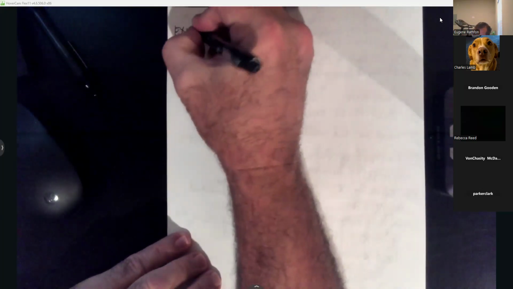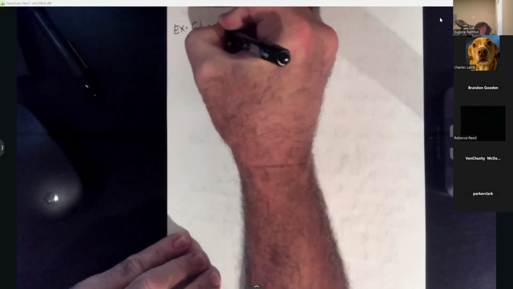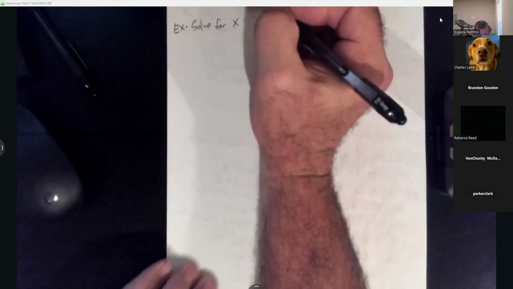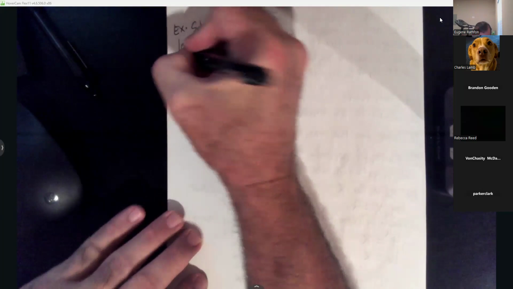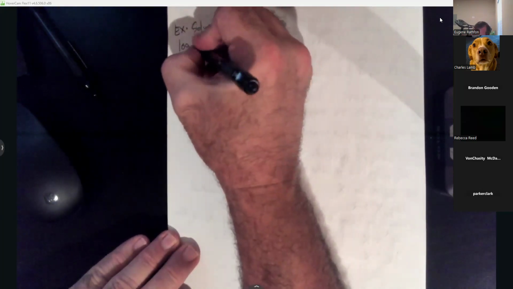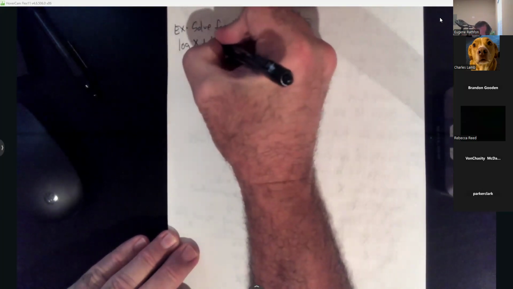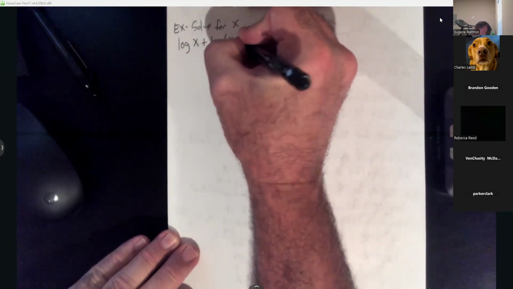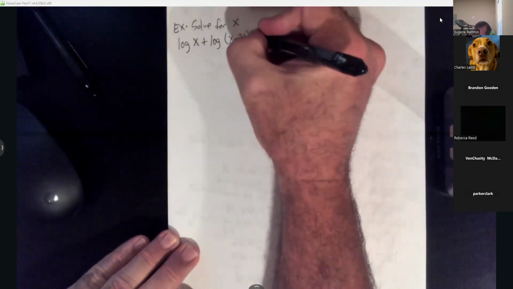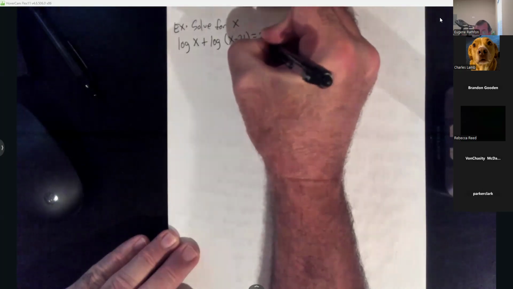All right, so they're still going to say solve for x. So this one they're giving me log x plus log x minus 21 equals 2.